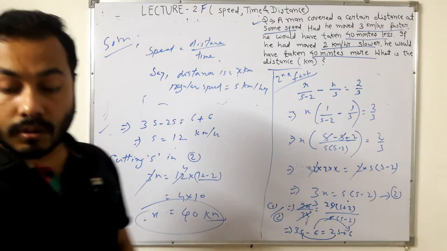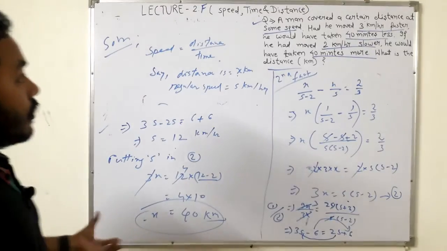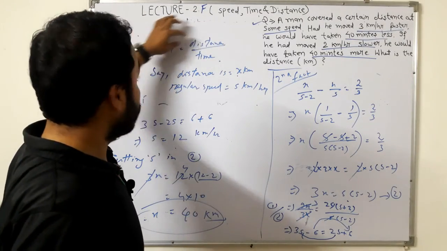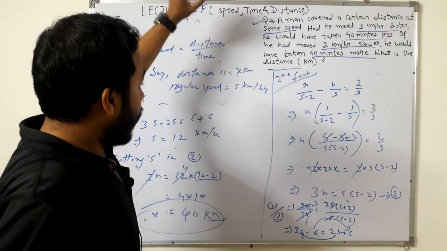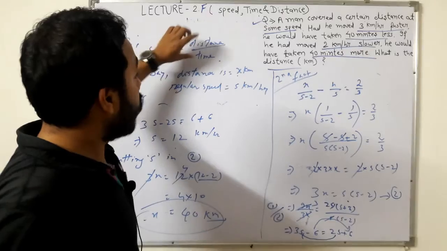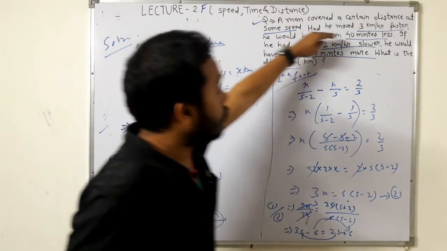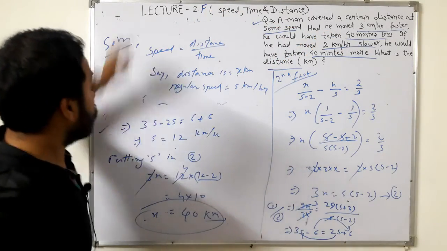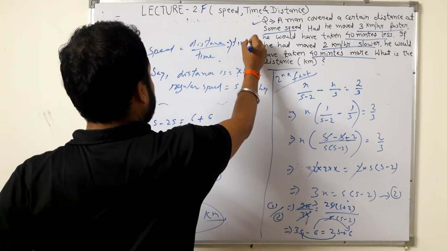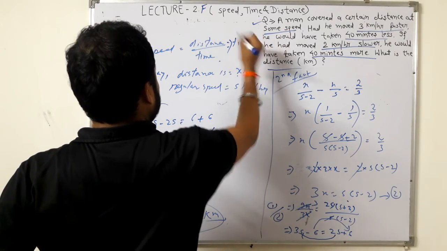Got it? So I am again revising the concept. What exactly are we applying here? The same thing: speed is equal to distance by time. As we have distance and speed, and the facts are given with respect to time, we converted this into time is equal to distance divided by speed.